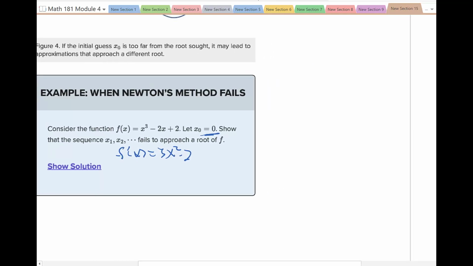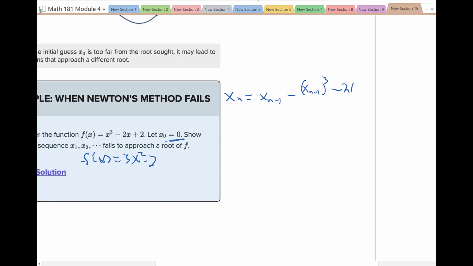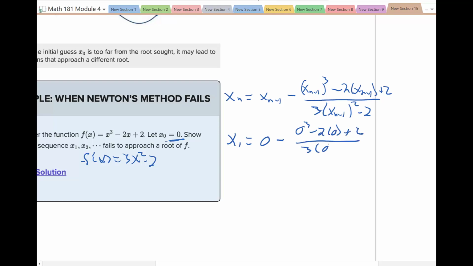So our x sub n is going to be x sub n minus 1 minus x sub n minus 1 cubed minus 2 times x sub n minus 1 plus 2 over 3 times x sub n minus 1 squared minus 2. So our x1 is going to be 0 minus 0 cubed minus 2 times 0 plus 2 over 3 times 0 squared minus 2. So I get a 1 out of that.